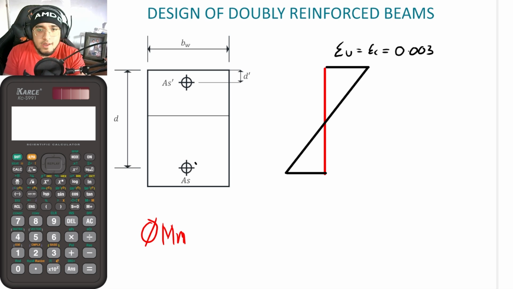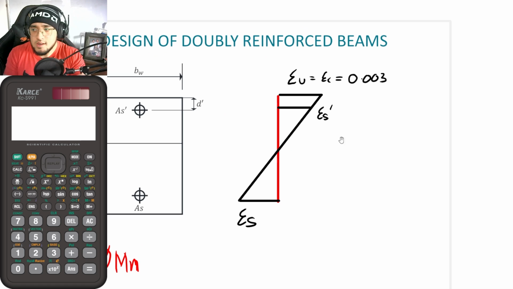And as for the strain of steel, that is of course strain S. Since we now have a new entity here, As prime, we also have another entity called strain S prime. So how can we solve for strain S prime? Looking at this strain diagram, this compression side here is of course equal to C.